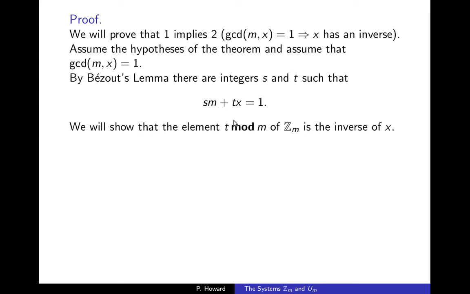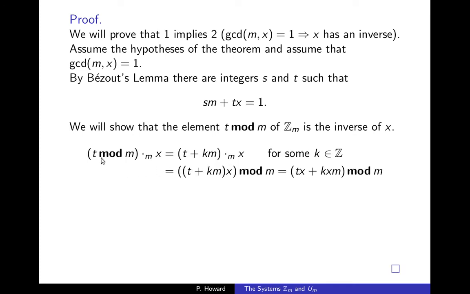And now we're going to show that this number t mod m, that will be an element of Z sub m, is the inverse of x. And we will do it by multiplying t mod m by x using times sub m and seeing that we get 1.